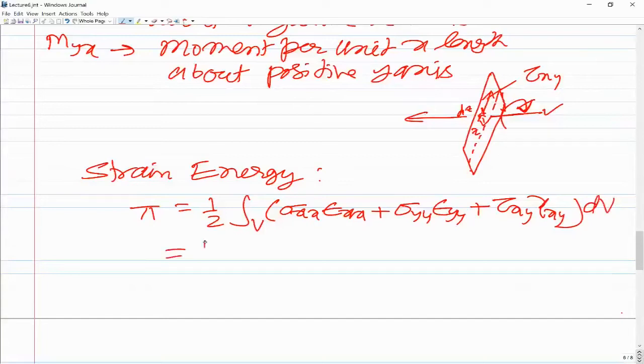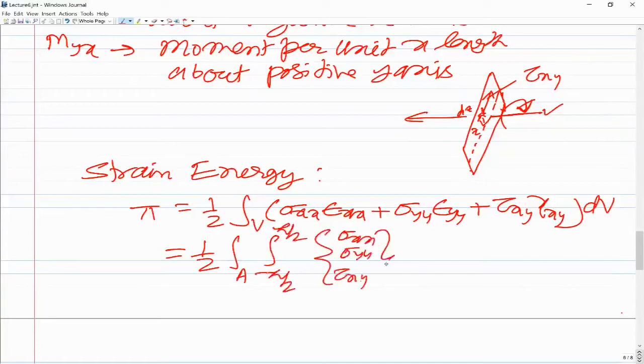Now this integration can be split into integration over the area in the xy plane and integration through the thickness, minus h by 2 to plus h by 2. And I can write the whole thing as the vector sigma xx, sigma yy, tau xy, transpose, into epsilon xx, epsilon yy, and gamma xy.